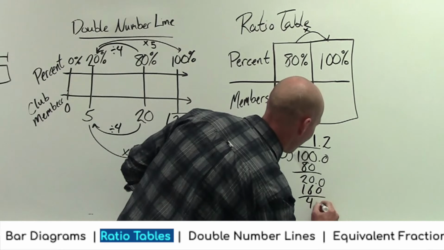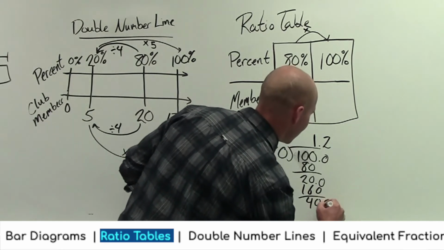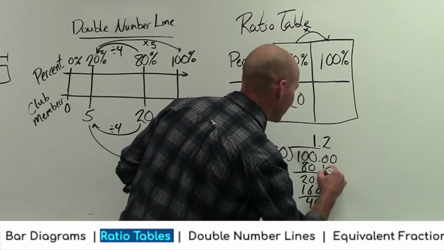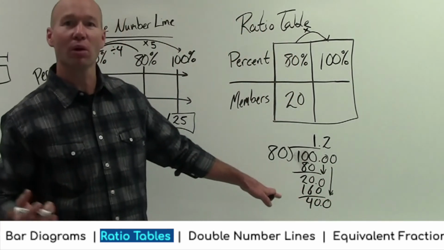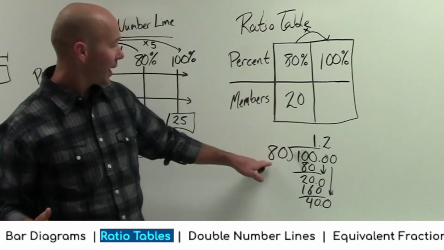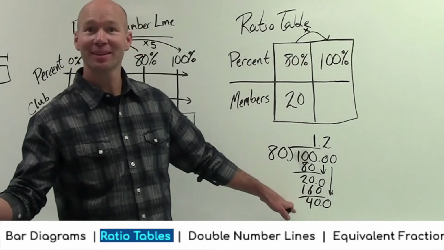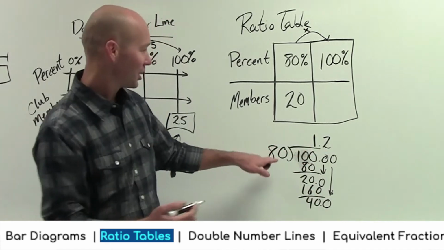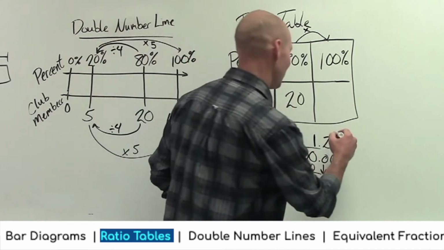And I'm going to get 400. I'm going to bring down a 0. Bring down a 0. I've got 400 left over. 80 goes into 400 how many times? Right, same thing as 8 goes into 40, 5 times. So 80 goes into 400 5 times.